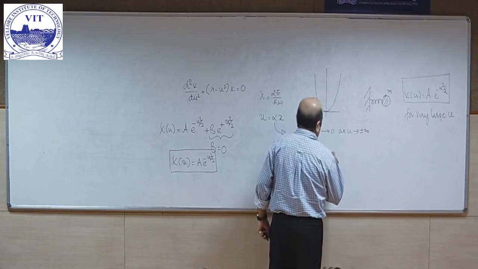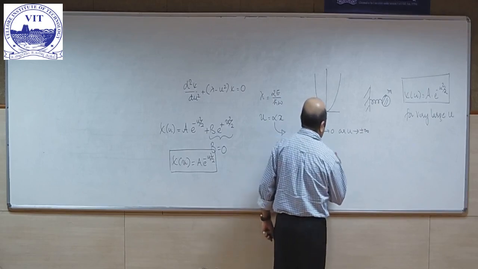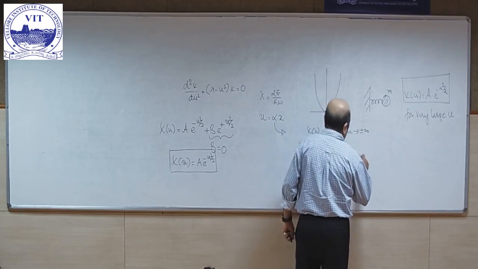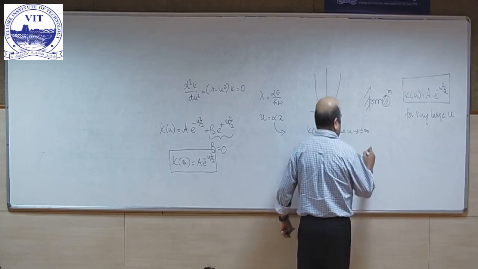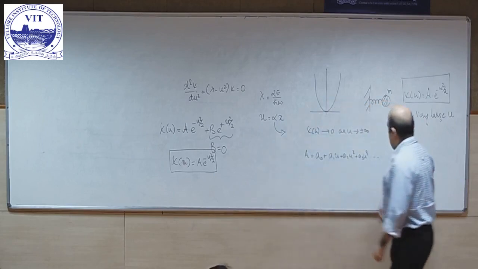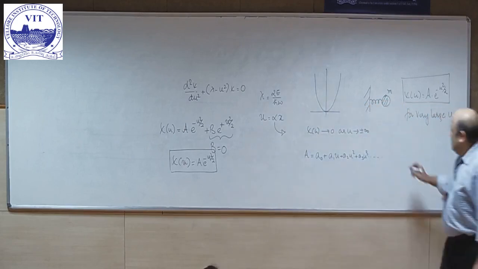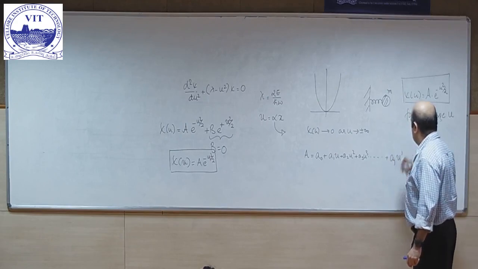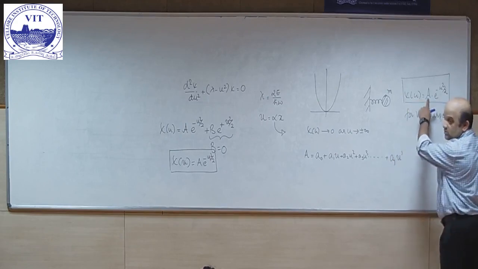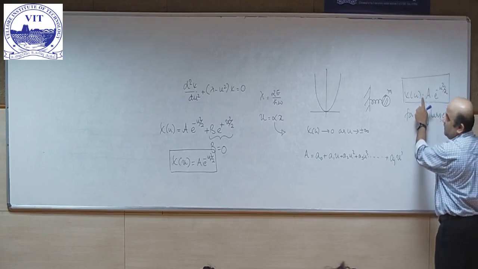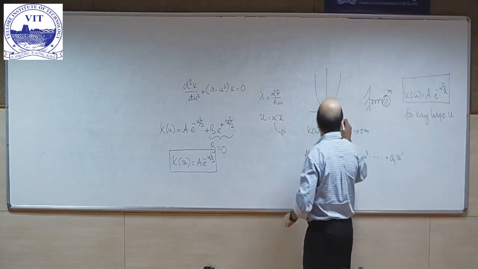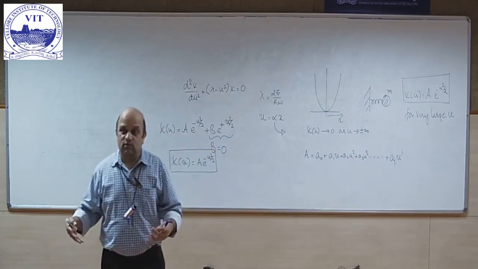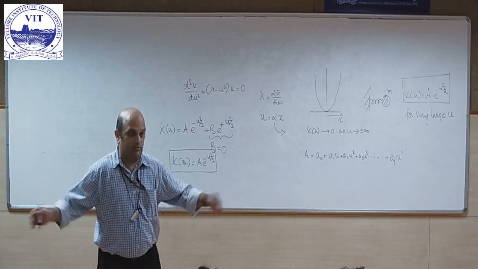This series has terms a1u plus a2u square plus a3u power 3, etc., with a general term aj times u power j. If you just consider this as a constant, then this solution is valid only for large amplitude of oscillations.